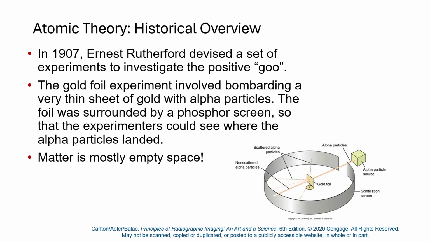But part of it has to be a compressed mass with positive charge in order to deflect the alpha particle. And so what he concluded was that atoms had a nucleus and the atom was mostly empty space. And if we're doing a live lecture, we will go to this and view the animation of the Rutherford experiment.